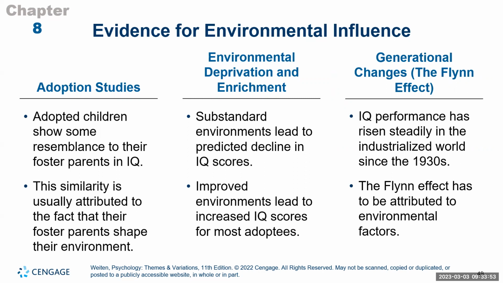We start to see that those individuals who are adopted start to resemble the IQ of their foster parents and not their biological parents, right? And so that means that environment is playing a bigger role in IQ than just the genetics, right? So again, that's why adoption studies are also really important, because they show how the environment is playing a role in intelligence and not so much just the genetics, okay?